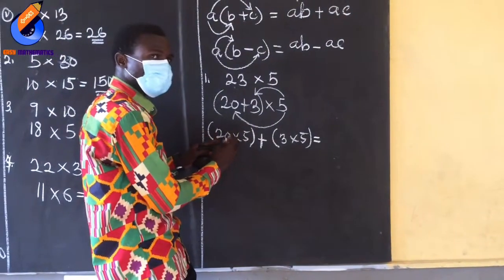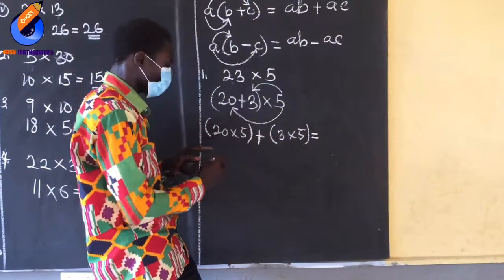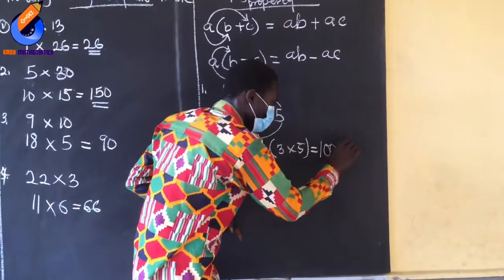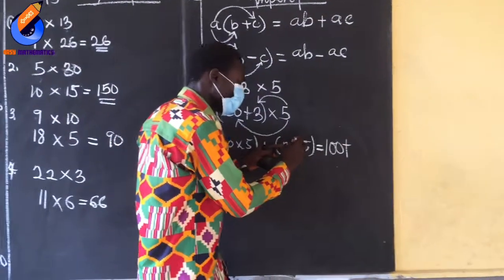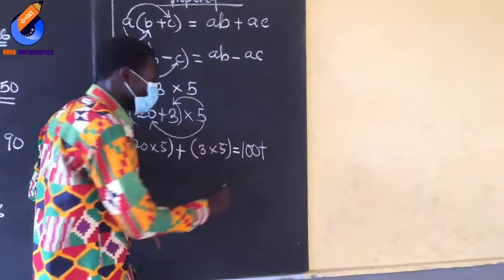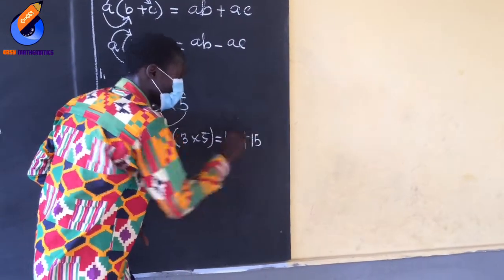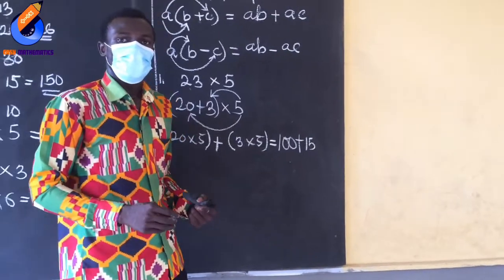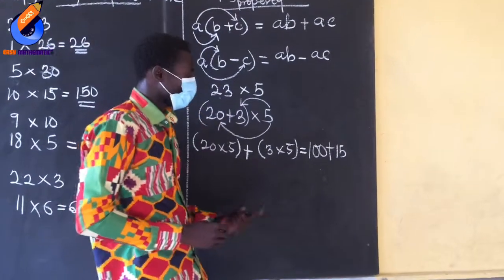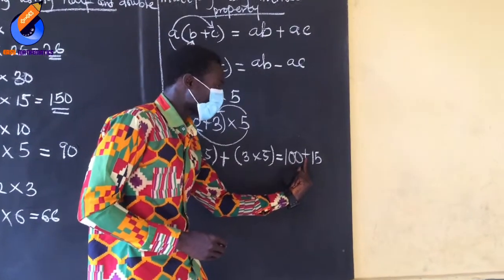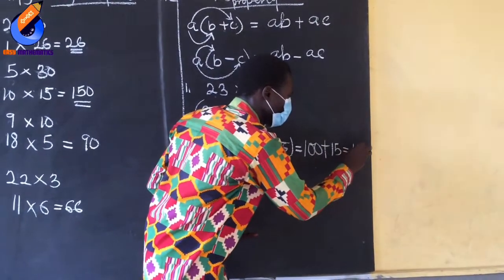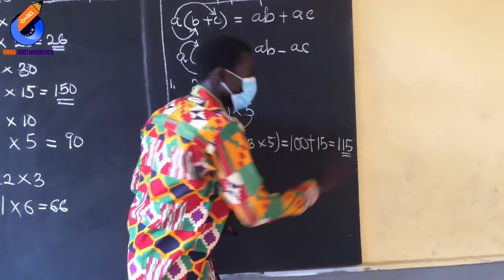Then I'll multiply 20 times 5, which will give me 100. Plus 3 times 5 will give me 15. Now, when you look at it carefully, I have 100 plus 15, which will give me 115.